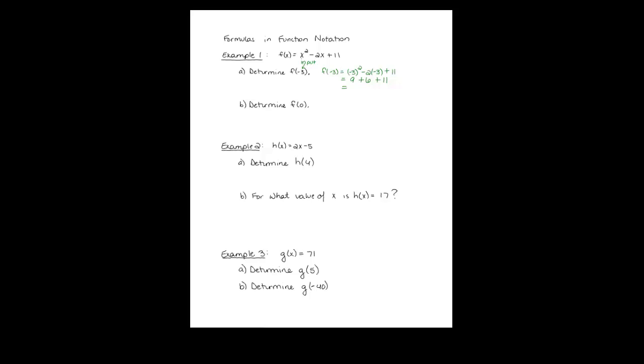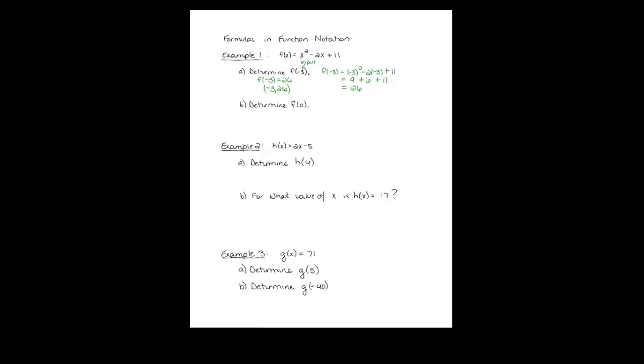Adding from left to right, we have 9 plus 6 is 15, plus 11 gives us 26. So our answer, we have f of negative 3 equals 26. Writing this as an ordered pair, negative 3, 26.